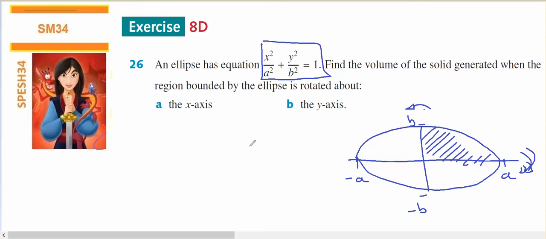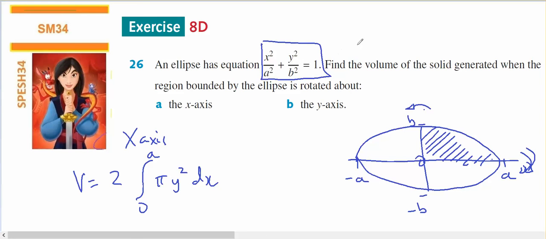Okay, so I've got around the x-axis, the volume is going to equal 2 lots of the integral from 0 to a of pi y squared dx, and y squared on b squared will equal 1 minus x squared on a squared, and y squared is going to equal b squared times 1 minus x squared on a squared.